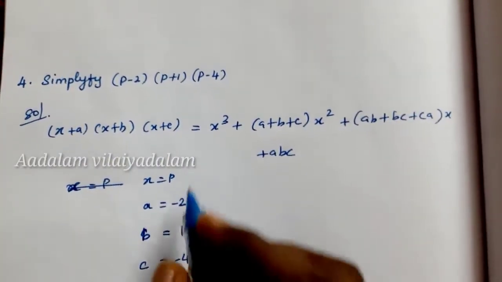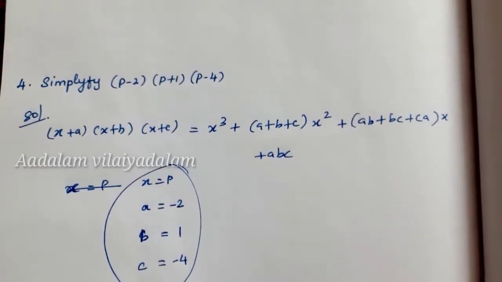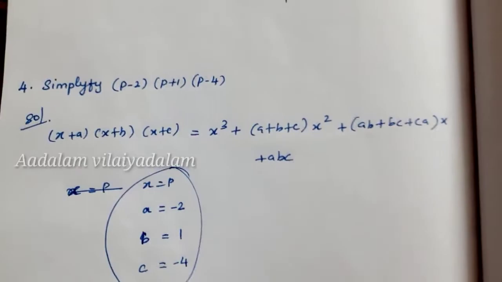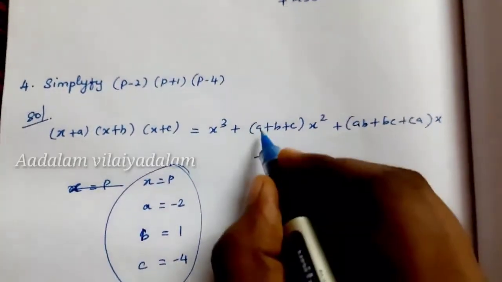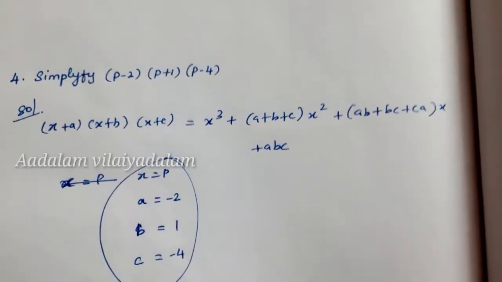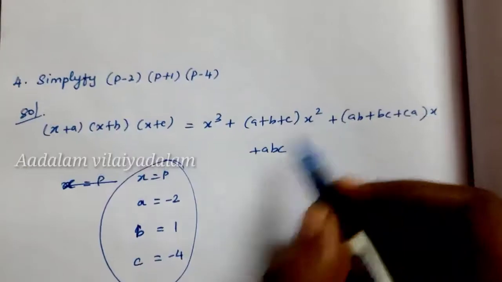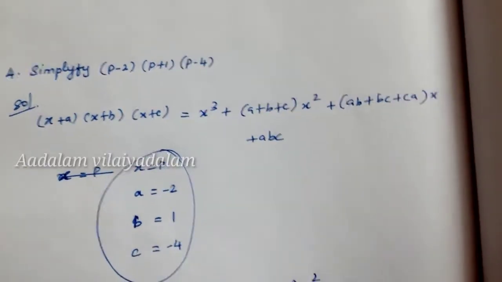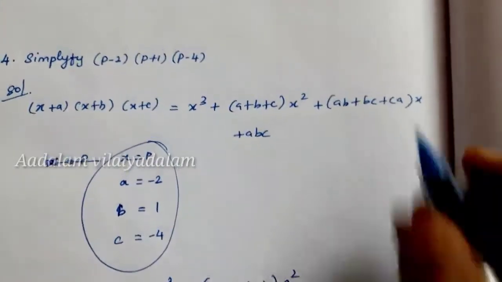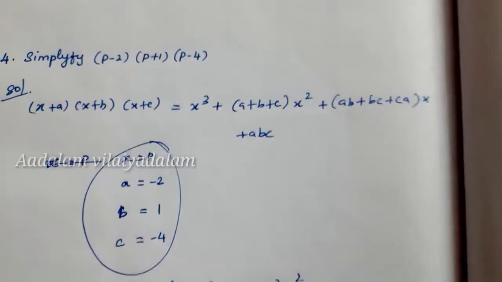Therefore, substitute all these values in the given formula. Substituting these values, we get p cube plus, what is a plus b plus c? Minus 2 plus 1 minus 4. The x square is p square. The next one plus, here we need to write ab plus bc plus ca.